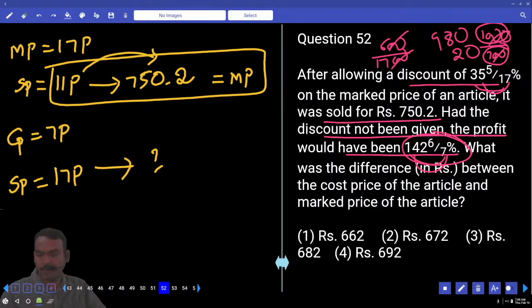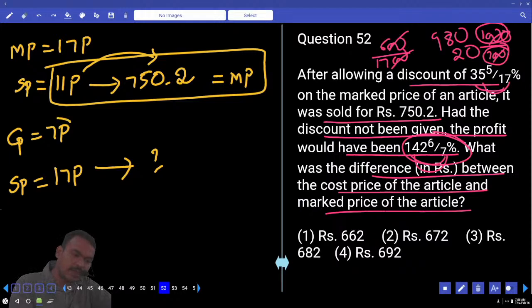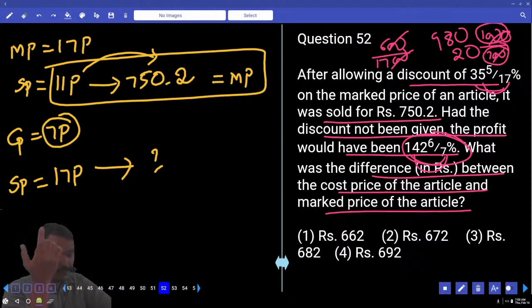But your question is the difference between the cost price and the market price of the article. Cost price is 7 parts. Market price is 17 parts. Difference is 10 parts.